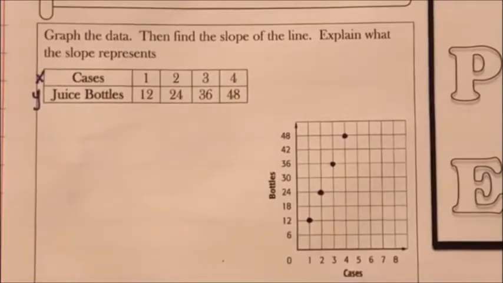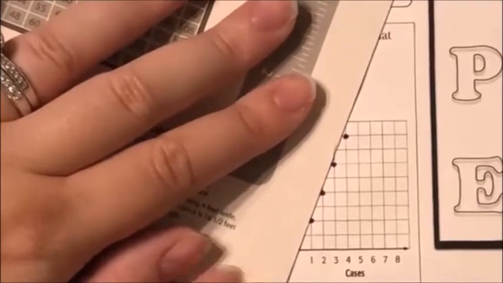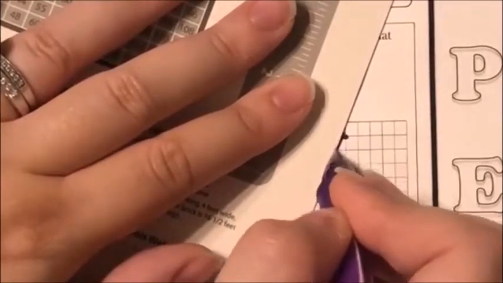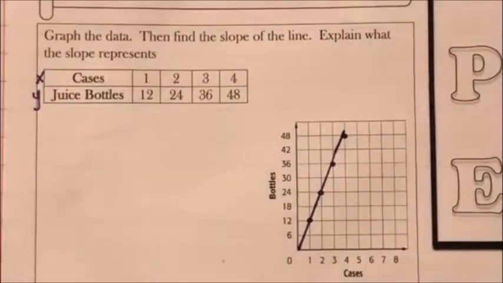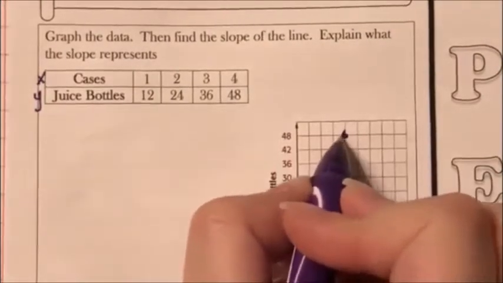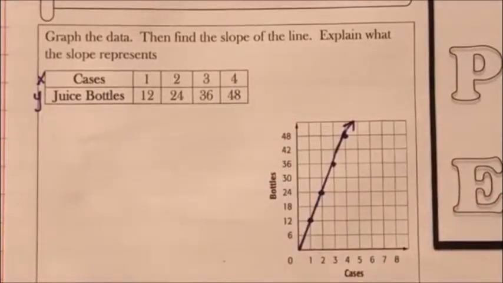Okay, you can use a straight edge to draw a straight line. There's my line. Okay. This data will continue to go up, right? Okay, it is a straight line.